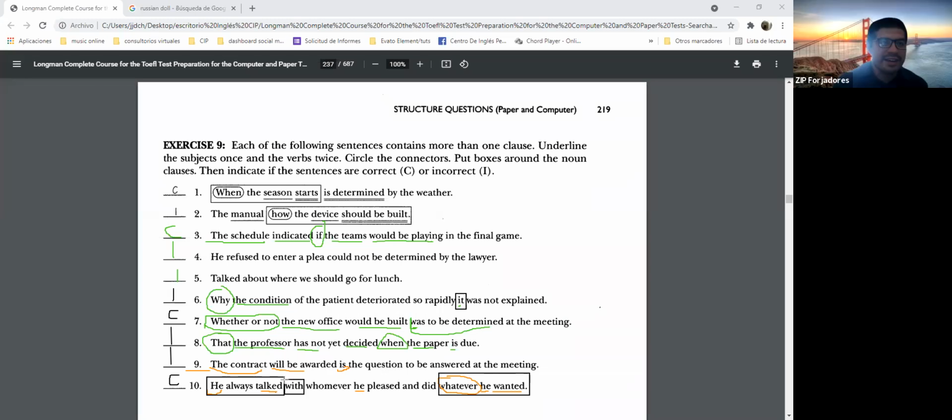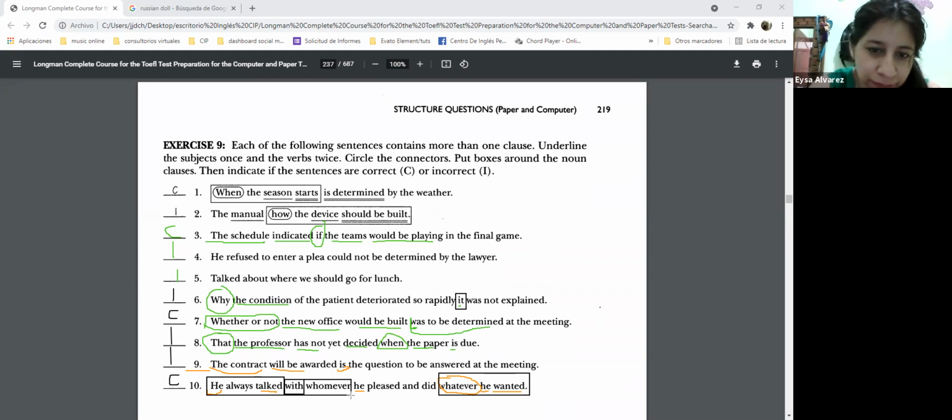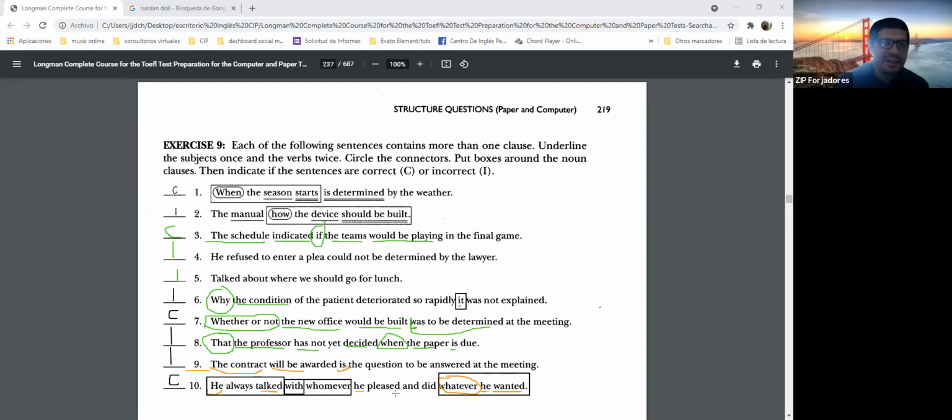So from here is going to start my prepositional phrase. Okay, so this one, whomever, it's a connector, but it's a noun class connector. Let's say that this one introduced this little clause that is he pleased and did.